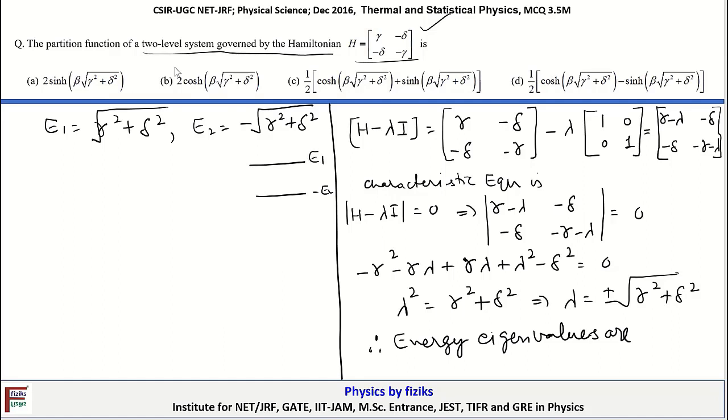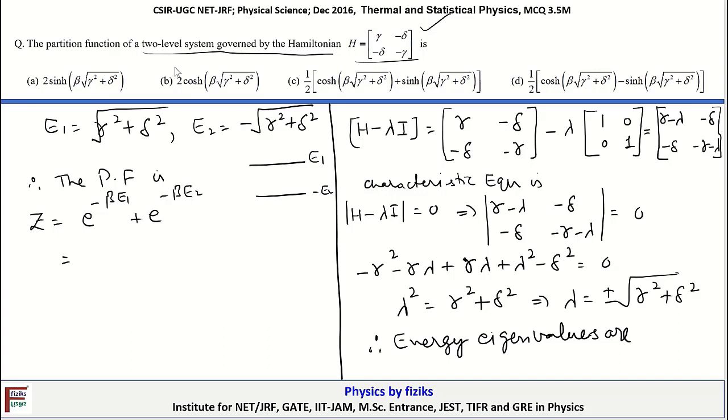Okay, so therefore the partition function Z is equal to exponential minus beta E1 plus exponential minus beta E2.